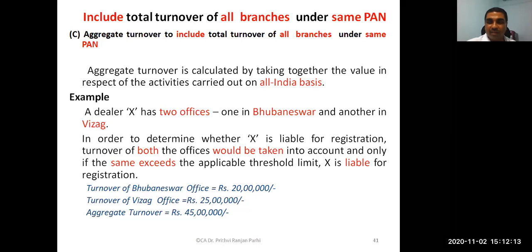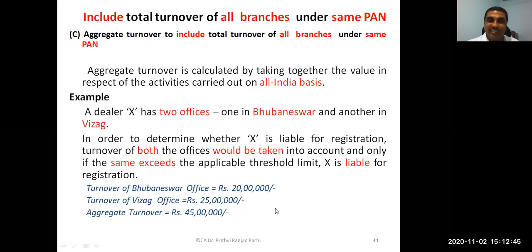Hello, sir. Yeah. I could not hear what you said at the last. My question is that in this situation, you told aggregate turnover is 45 lakh. My simple question is, is this person liable for registration under GST? Whether he is liable for registration or not? Yes, sir, that is liable. But where will he register himself?